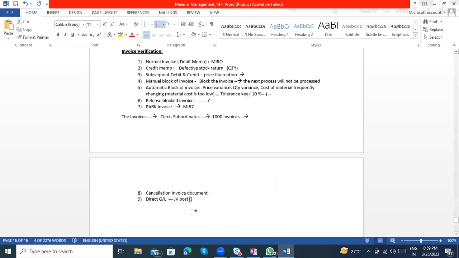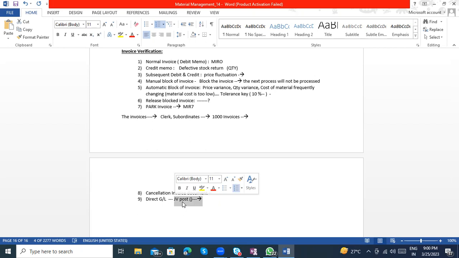They can do some fraud also sometimes, not every time. So they are the responsible persons, they can adjust that. But in case I'm doing an analysis, then I have to look into whether any JV or direct GL account posting has happened. And they can post material stock value also. Okay, clear?